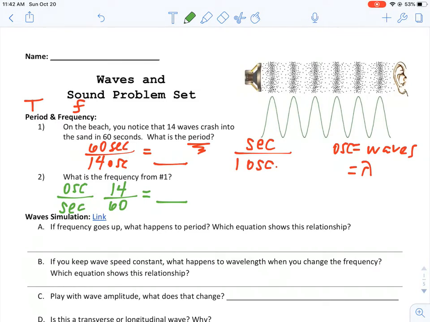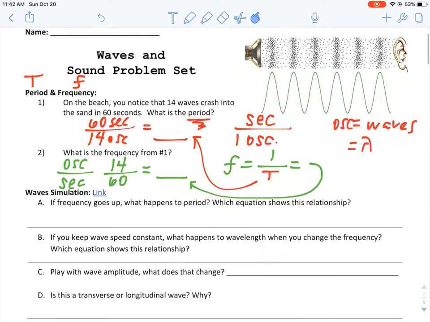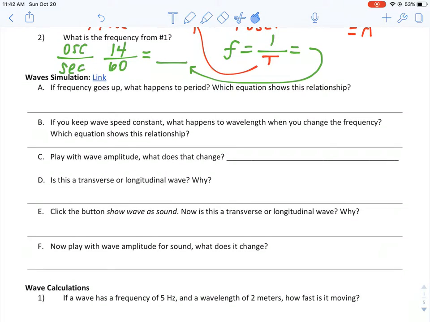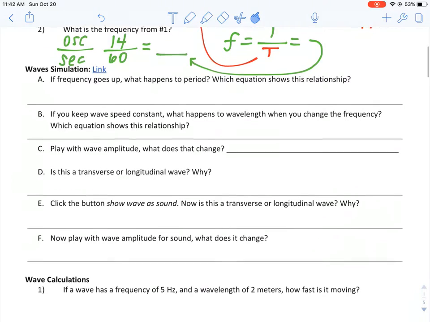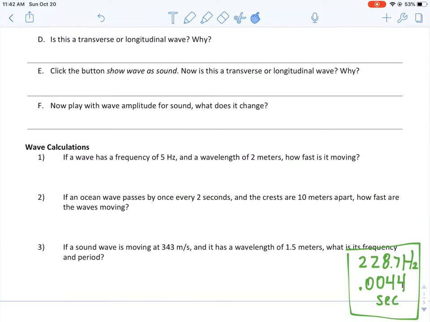We could also say the frequency equals 1 divided by the period that we got up here. And that will give us the same answer that this gives us. Either way works, and either way is following the formula and the relationships. Make sure you go to this wave simulation sometime if you don't get a chance to in class or while you're watching this. It's really helpful to see these things as the waves move.